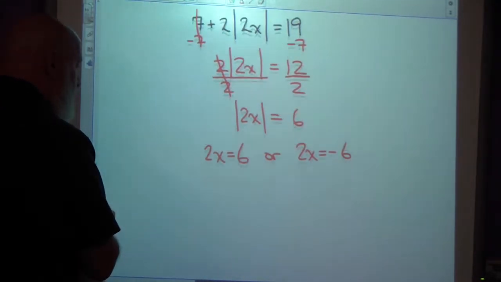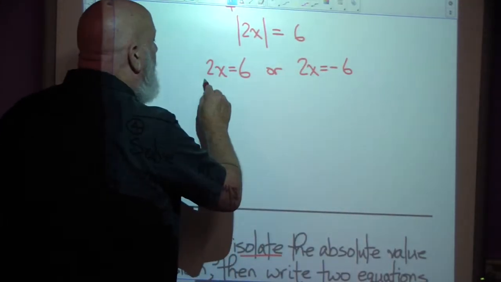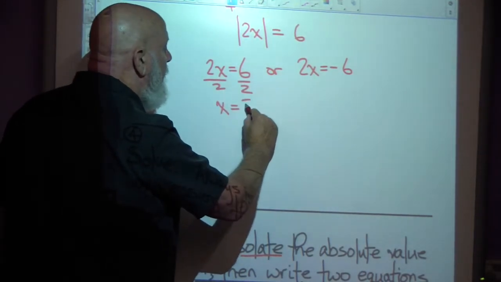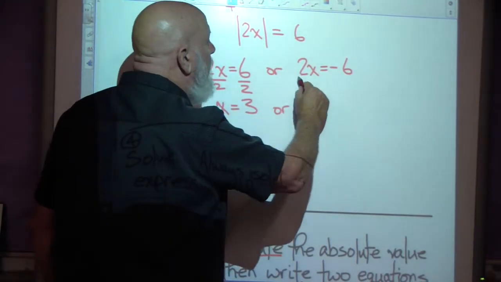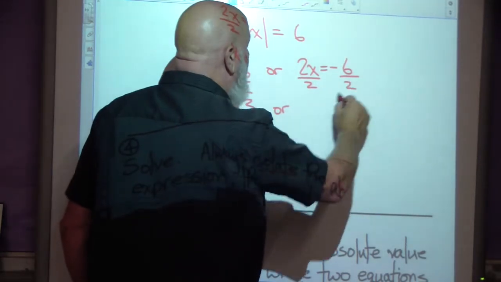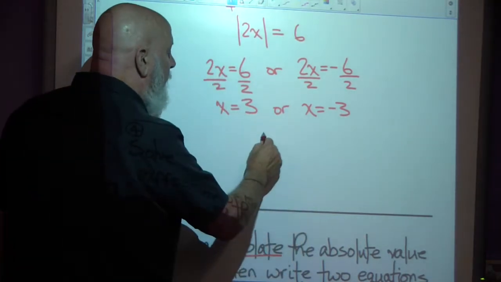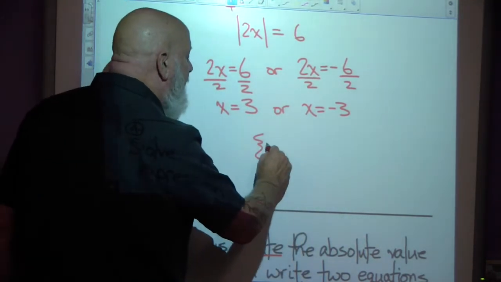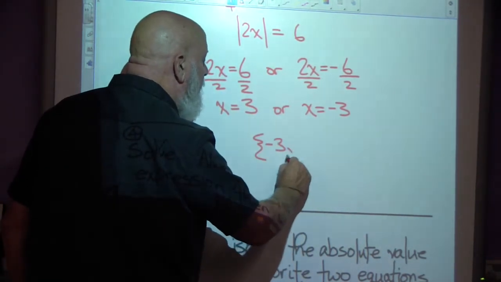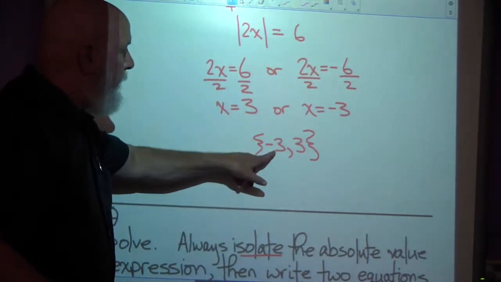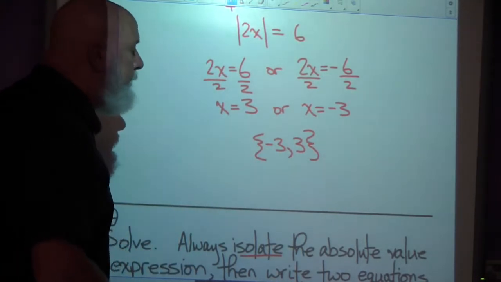I think it's pretty easy to see that I have x equals 3 as a solution, or x equals negative 3 as a solution. And you would see it written like this on today's worksheet. Doesn't matter which one comes first. You could have the 3 first and the negative 3 second.